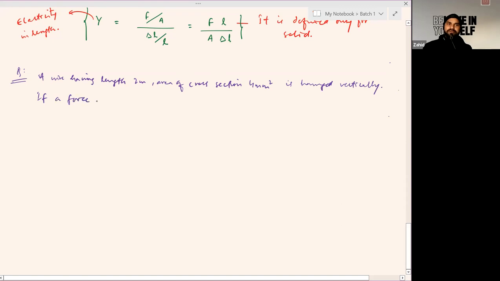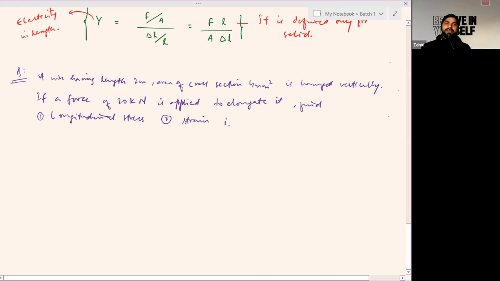If a force of 20 kilonewton is applied to elongate it, find first the longitudinal stress, second the strain if Young's modulus is 2 into 10 to the power 11 Newton per meter squared, and third the elongation produced.